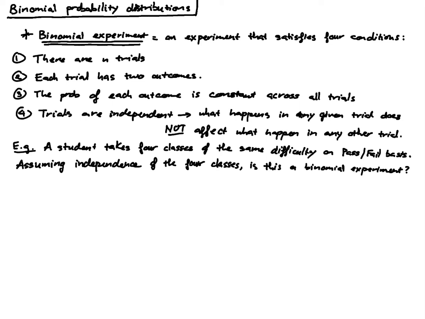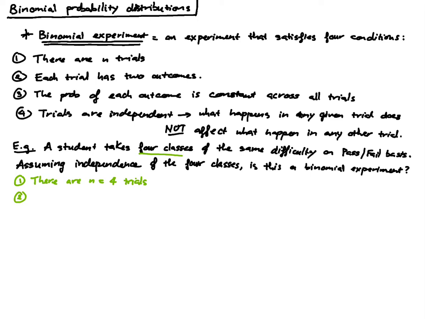First off, do we have n different trials? The answer is yes. The student is taking four classes. So think of each of the classes as a trial, and so we have four different trials. Next, do we have two outcomes for each of the trials?